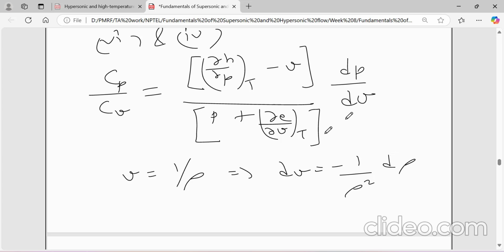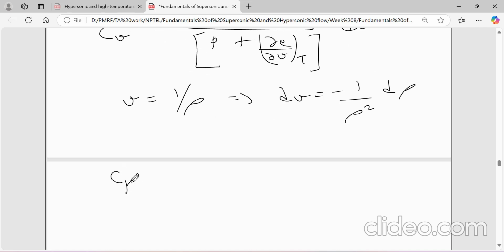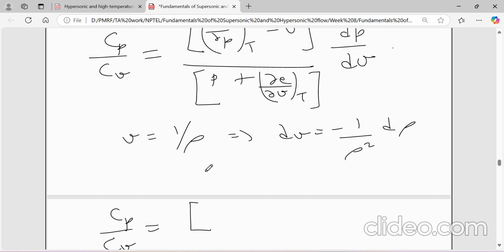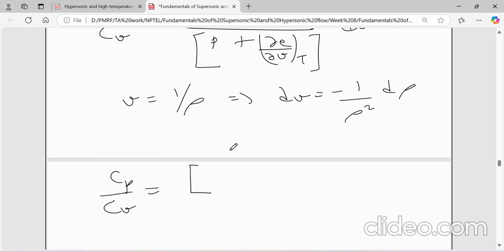So this equation will become, we will substitute it, Cp by Cv equals dou H by dou P at constant temperature minus V, upon P plus dou E by dou V at constant temperature.